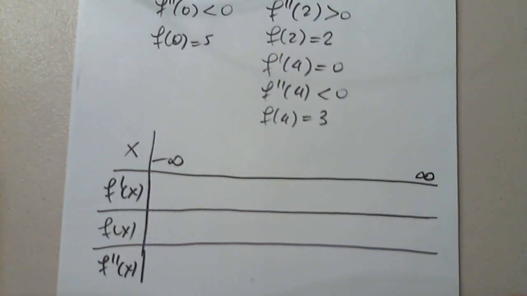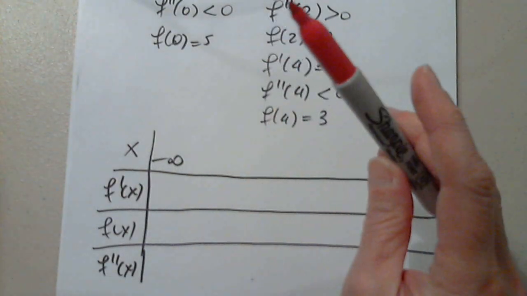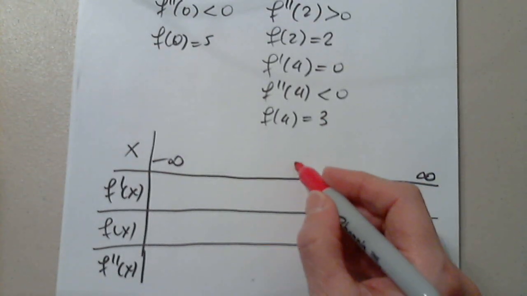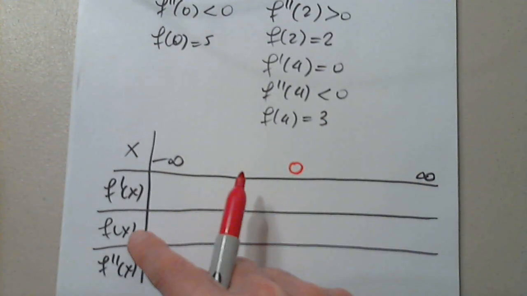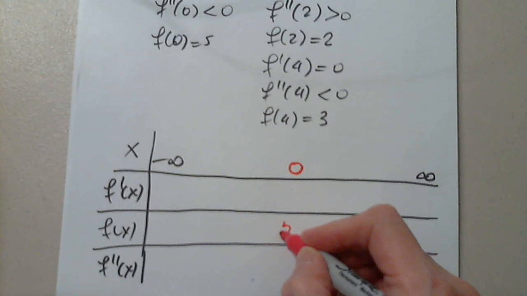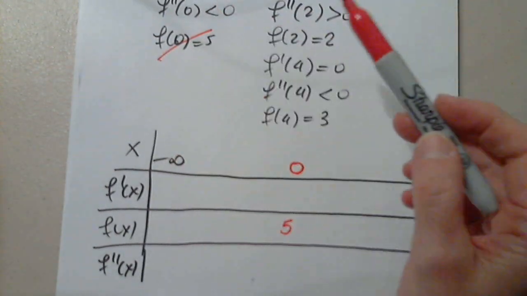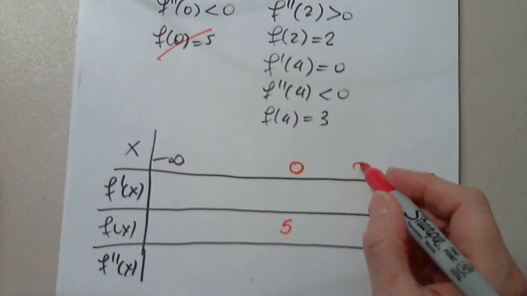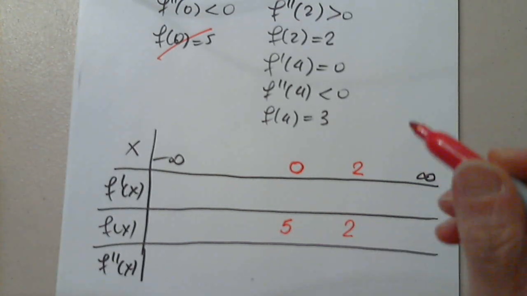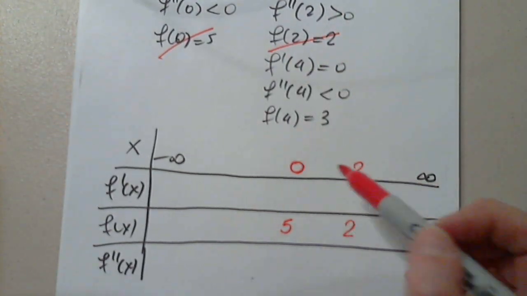Okay, so we're going to make sense of all this. I'm going to cross them out as they find their way to the table. F of 0 is 5. Careful. F of 0 is 5. F of 2 is 2. F of 4 is 3.